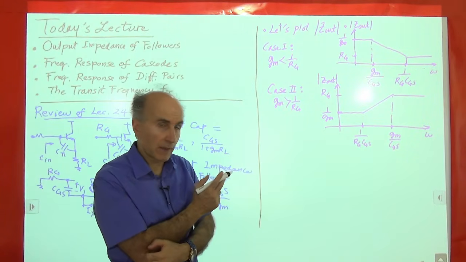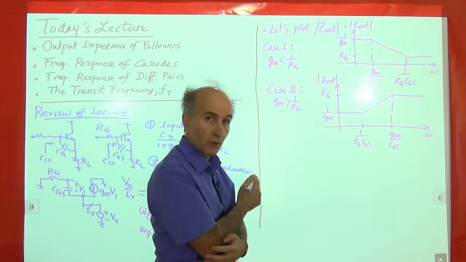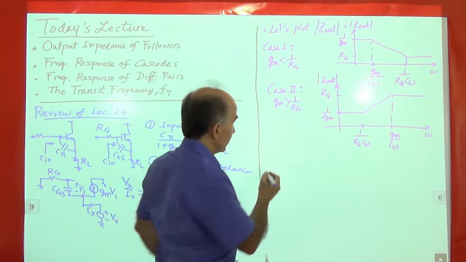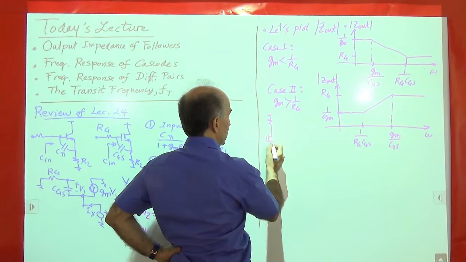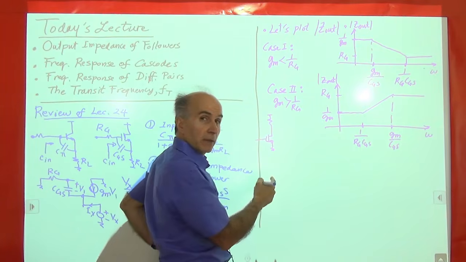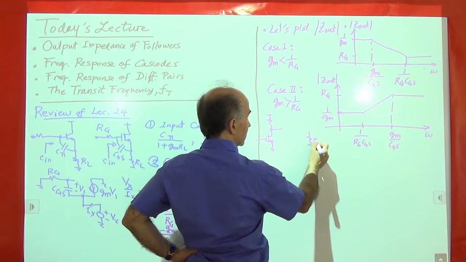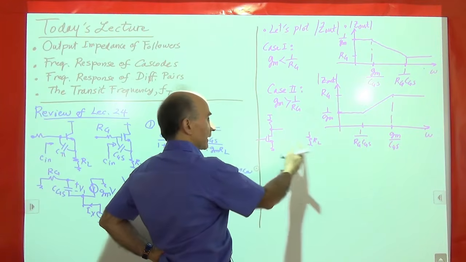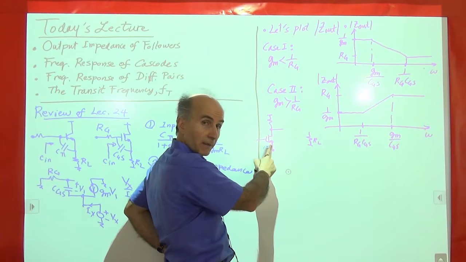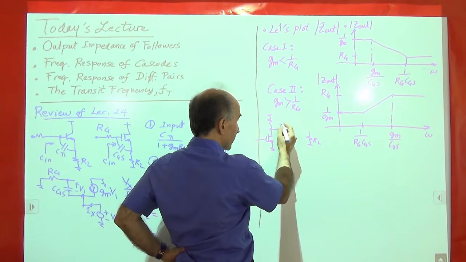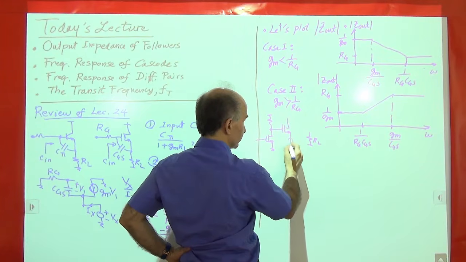Well, in practice, we would like the source follower to act as a buffer, right? So here's the situation. Remember I showed you this before? We have a common source amplifier, and we need to drive a load. If we just connect this to a load, like a speaker, the gain drops considerably. So we place a buffer here, and that buffer could be a source follower.